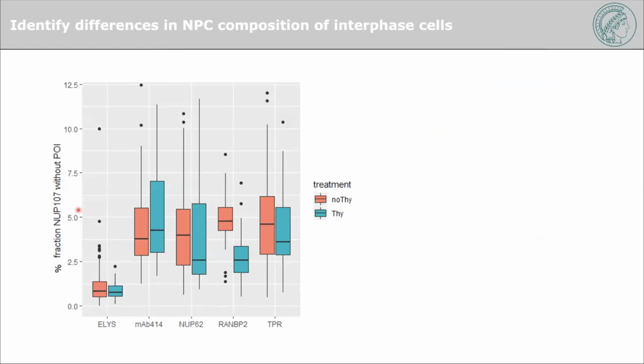For instance, finding whether for this component and one of our reference components there is a difference. So whether one component is always present with the other, or one component is more abundant than the other. And this, for the biology, was interesting because it tells us how the pores are assembled when the cells grow.